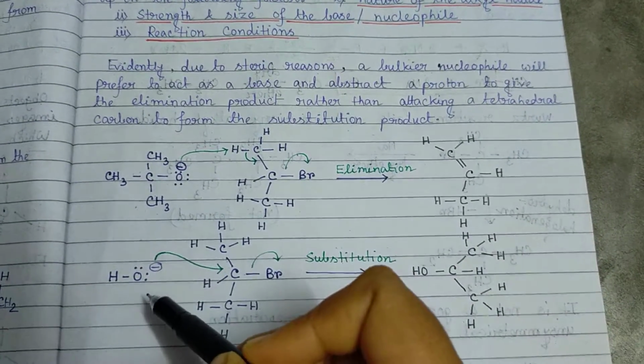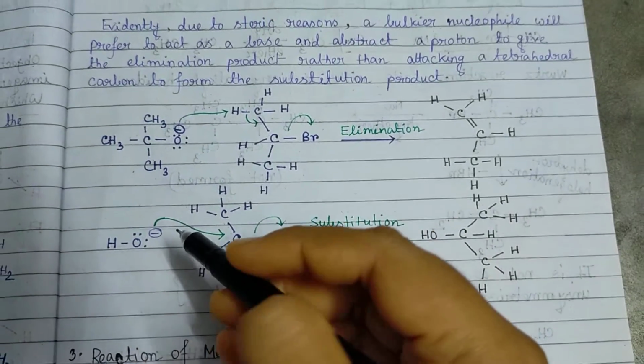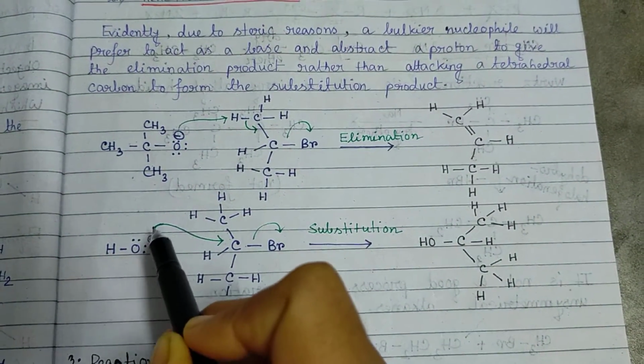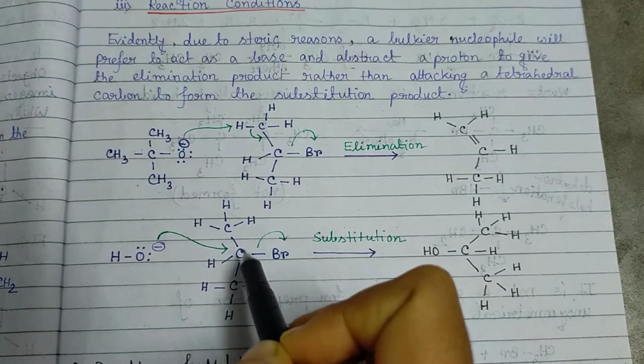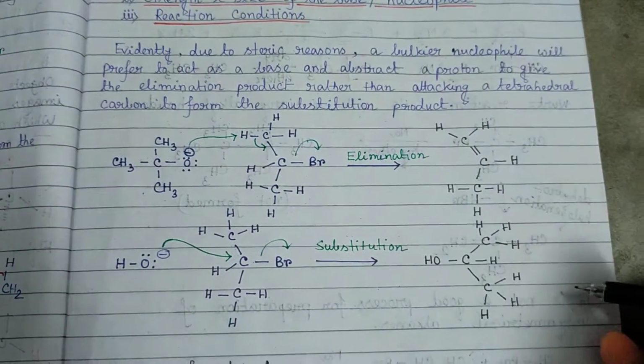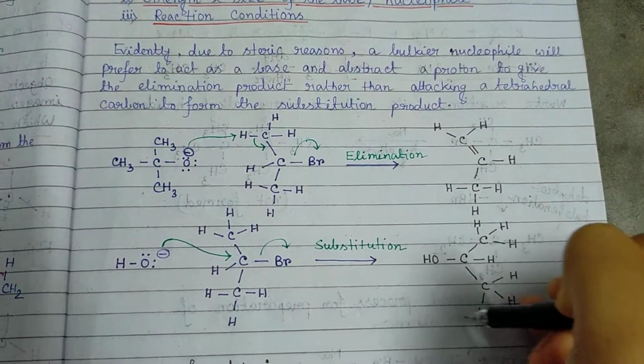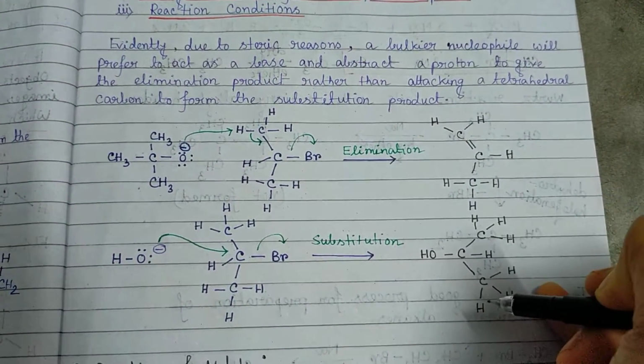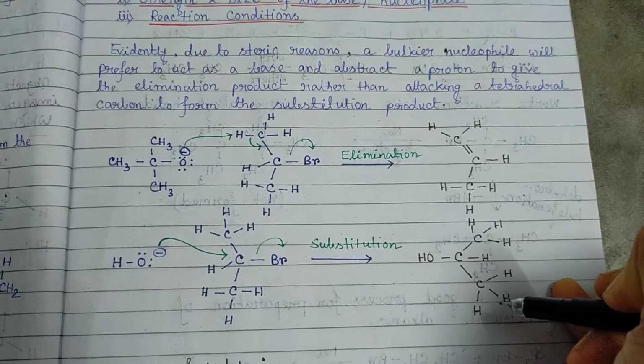But if we are taking OH minus, then it can easily attack the carbon from the back side and there will be a substitution reaction and we can have the substituted product, that will be alcohol.